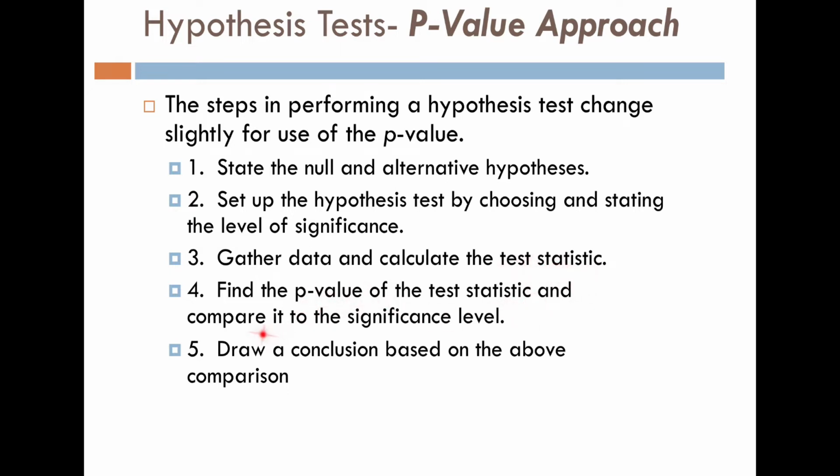The comparison of the p-value to the significance level tells me my conclusion. If my p-value is less than the significance level, we're going to reject the null. And if it's greater than the significance level, we're going to fail to reject the null. And we write out a conclusion based on that comparison.